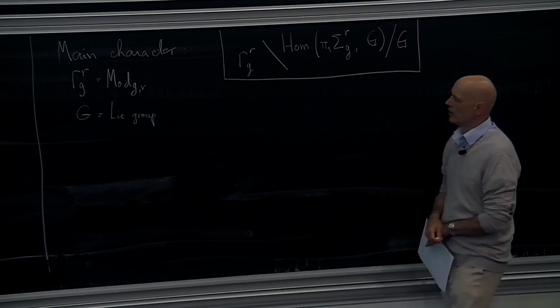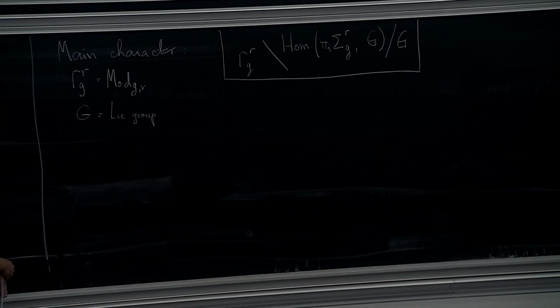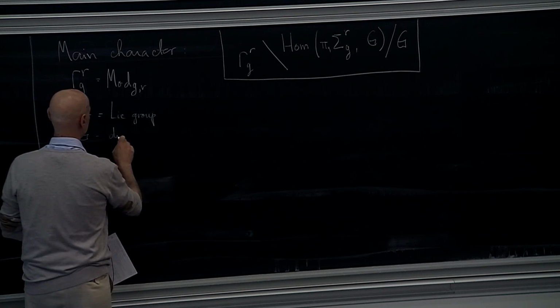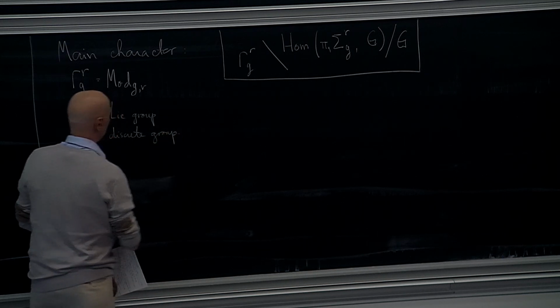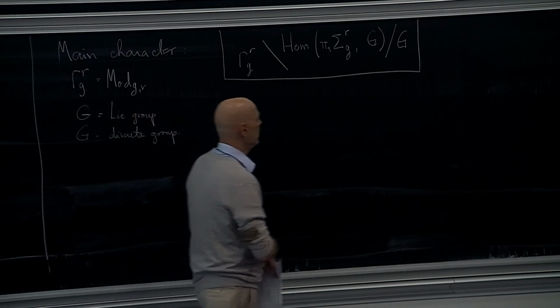So there are many interesting structures. But today we will take G most often to be a discrete group. And here is how it could appear.